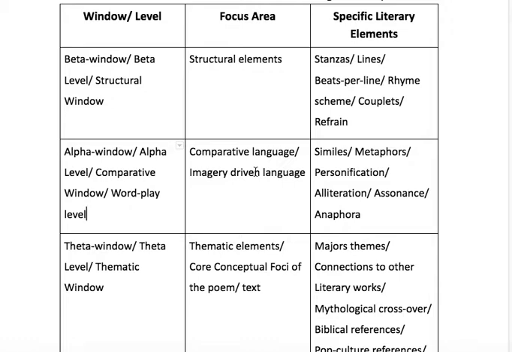We're talking about how the writer or poet will cleverly clump together certain ideas or words because they have the first letter that is the same, or they have a rhyming vowel sound within the line. But we call it the comparative level, or we could also call it imagery driven language. Now, here are some of the specific tools. We've got similes, metaphors, personification. Those three are the comparisons. So we'll talk about that in a second. And then we've got alliteration, assonance, and anaphora. And these three are more the wordplay pieces.